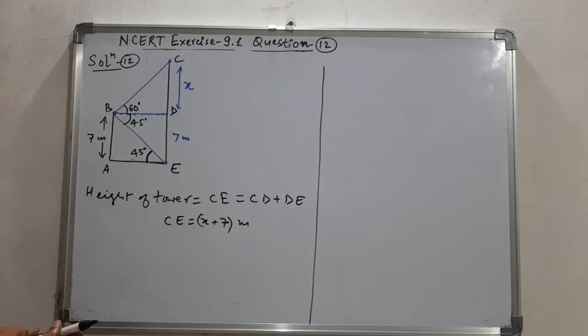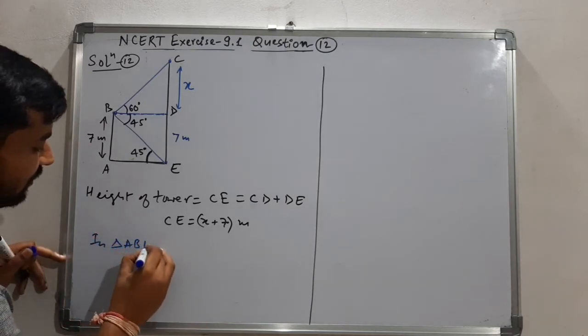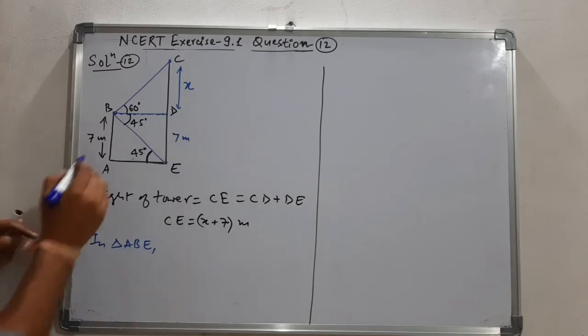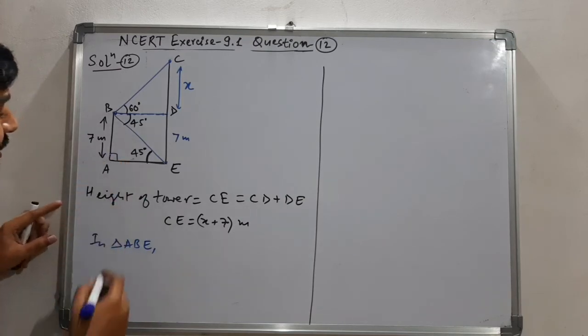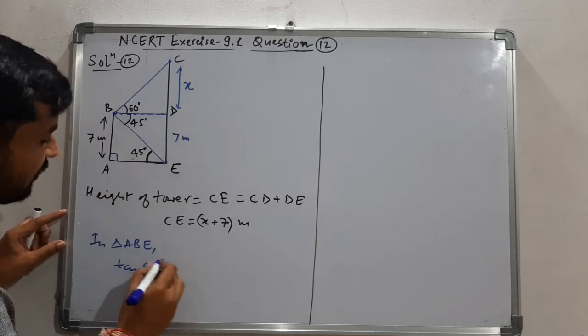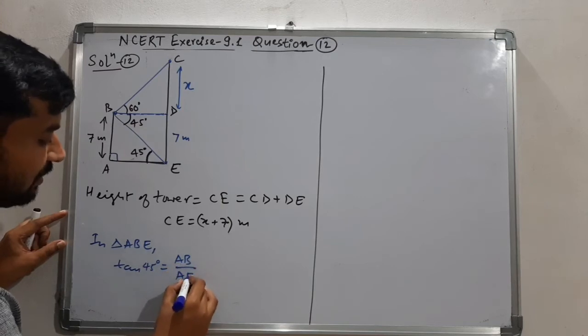Now let us consider the triangle ABE. In triangle ABE, this angle is 90 degree. So tan 45 will be perpendicular upon base, that is AB upon AE.